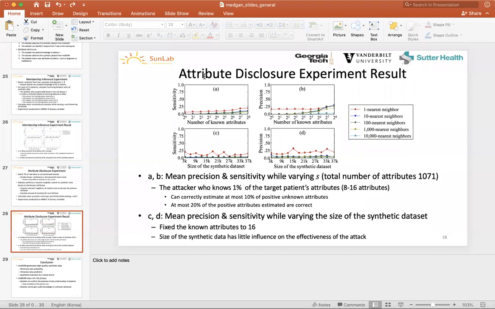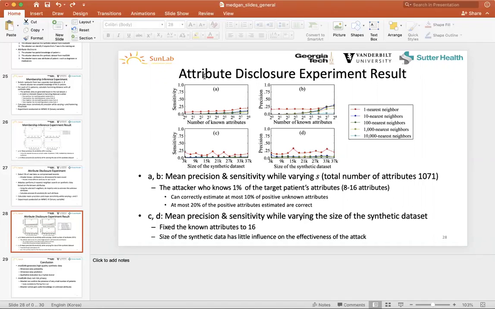The more interesting problem, which is attribute disclosure, again, realistically speaking, you need to have knowledge on a significant portion of the patient to begin with, to reliably fill in the remaining portion.